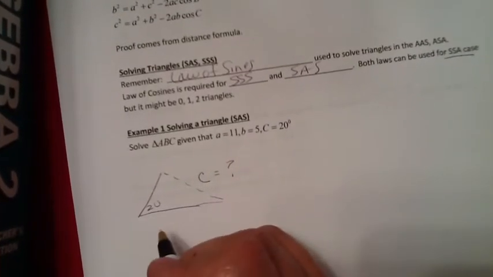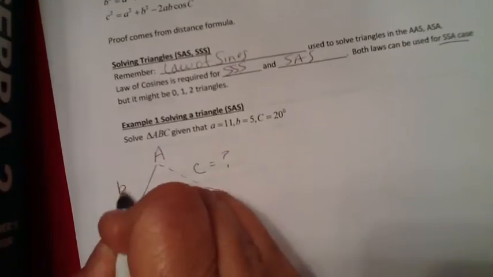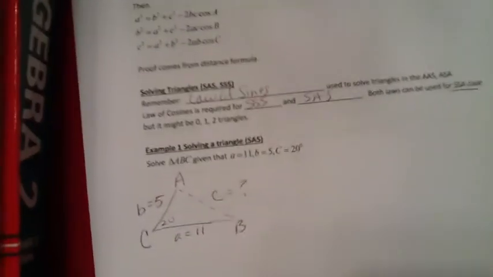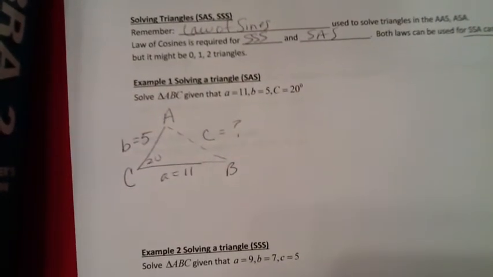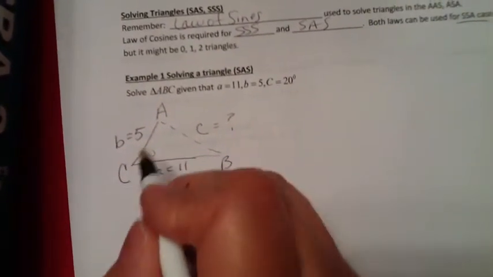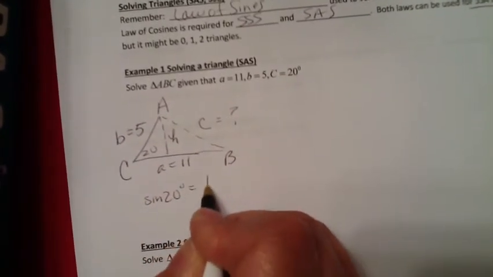I'm going to call this A, and that means this is 11. I'm going to call this B, and that means this is 5. All right, so that's what we have here. Now what we have to look at is, can this be a triangle first? So let's drop a perpendicular. And if I do the sine of 20, it's opposite over 5.